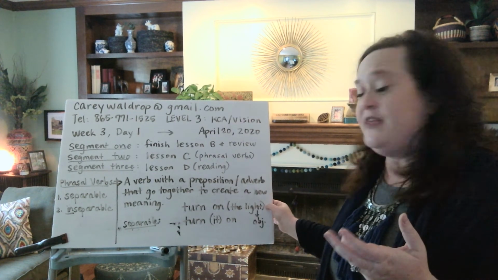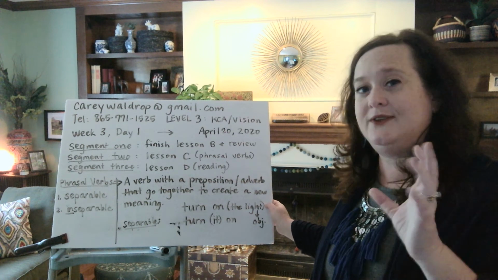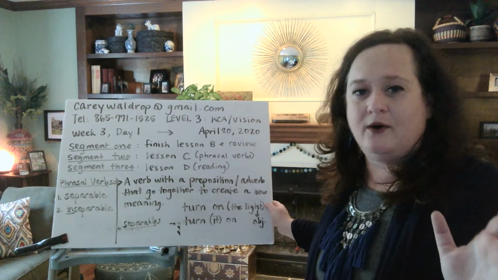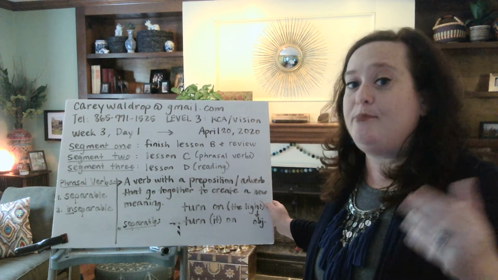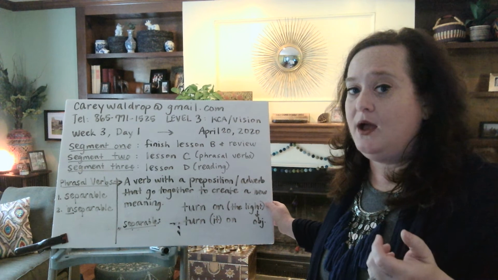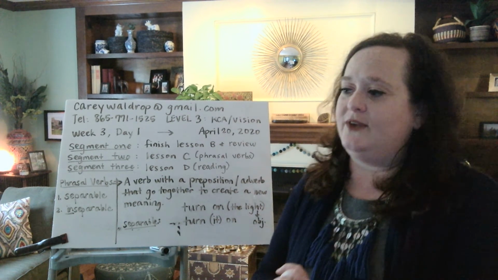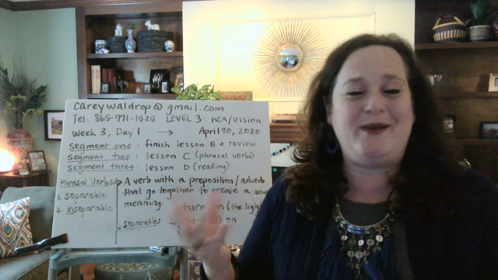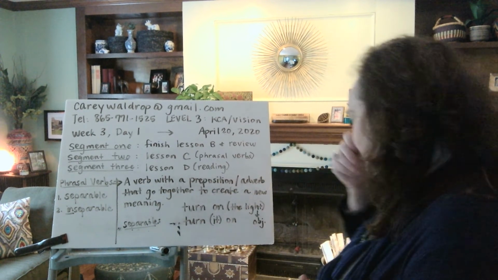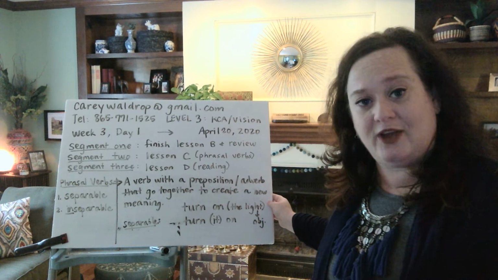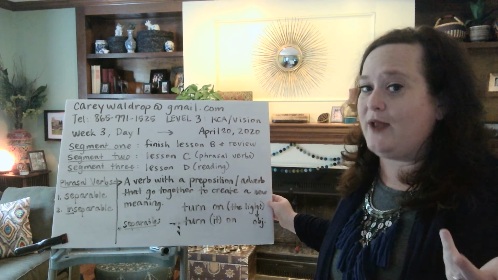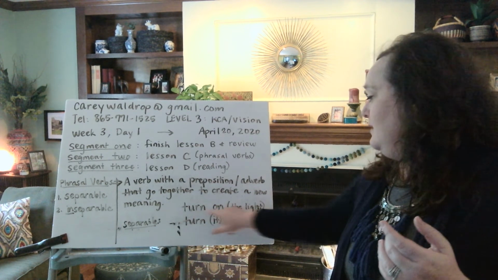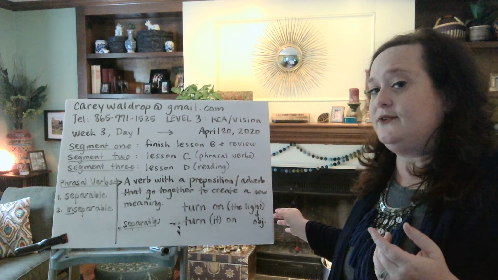Now, because the object is a noun, we know that all nouns can also have a pronoun form. It depends on the sentence, right? In this case, light is an object, so what's my pronoun? It. So, turn on the light.